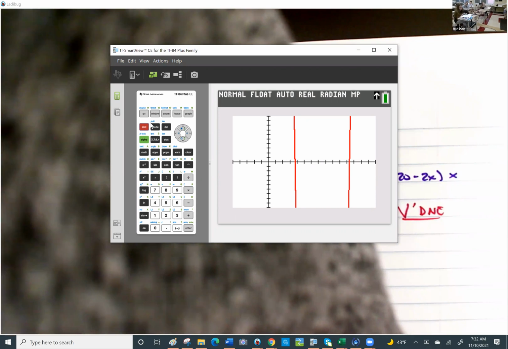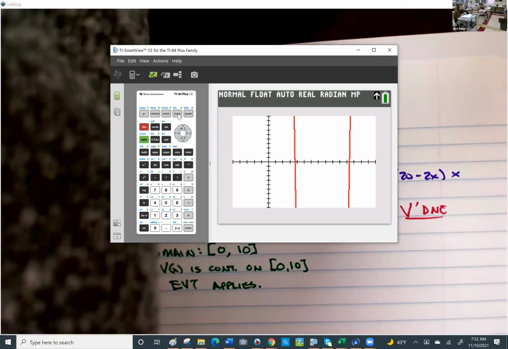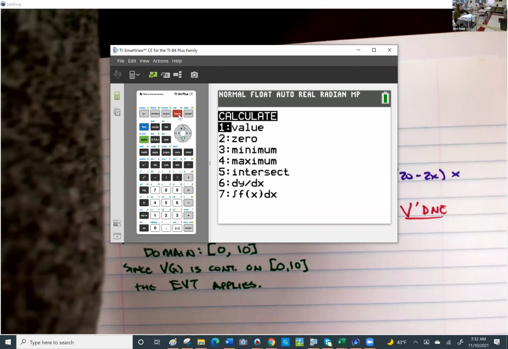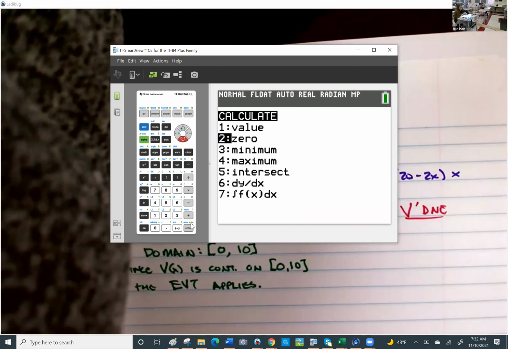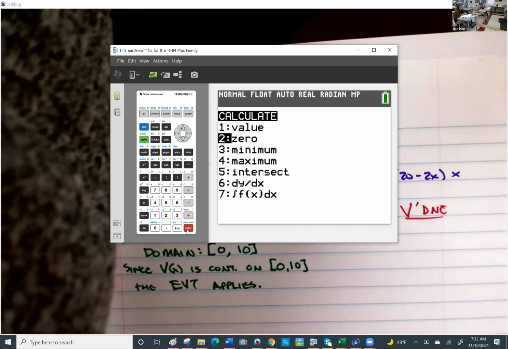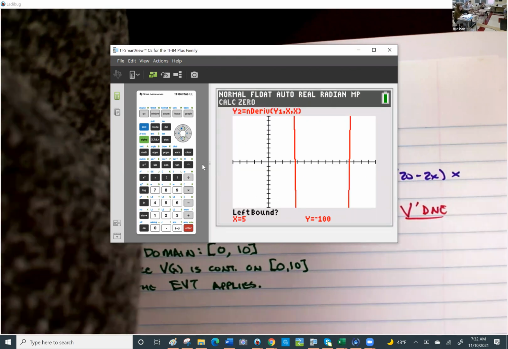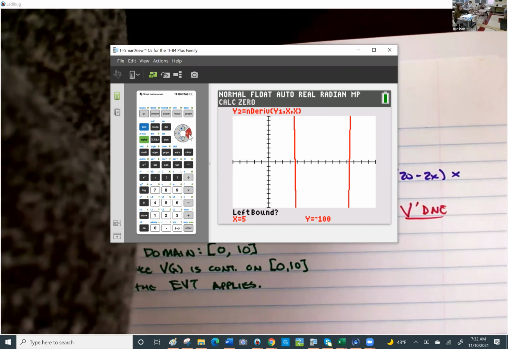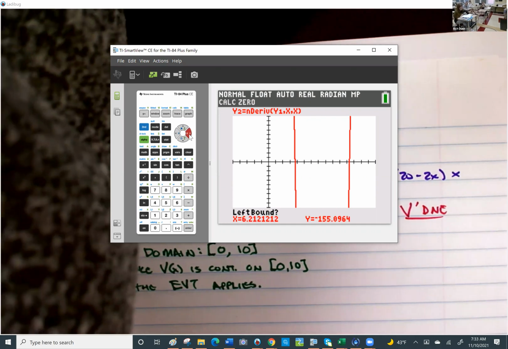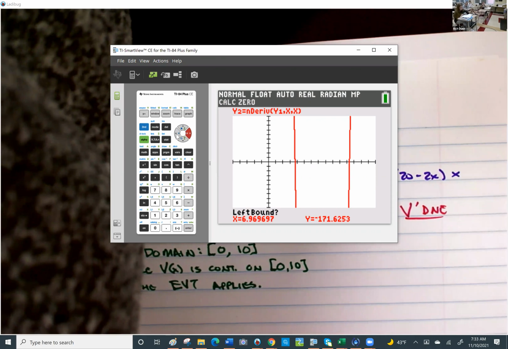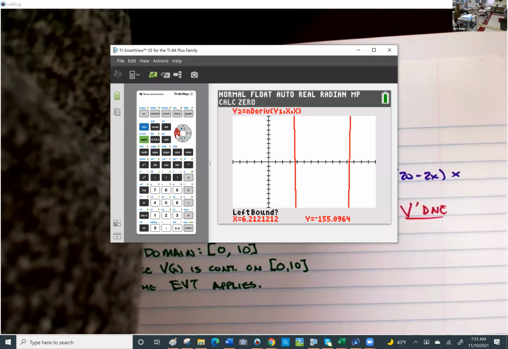But what if we didn't do that? Second calc. We're looking for a 0. And again, you can arrow over, or you can enter a number in there. I could probably just put 3 since I just counted. Oops, went too far, didn't I? I want a positive number.